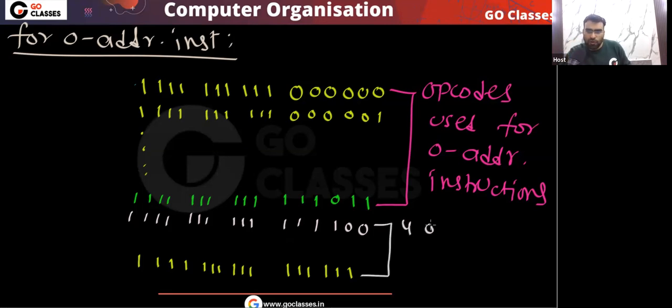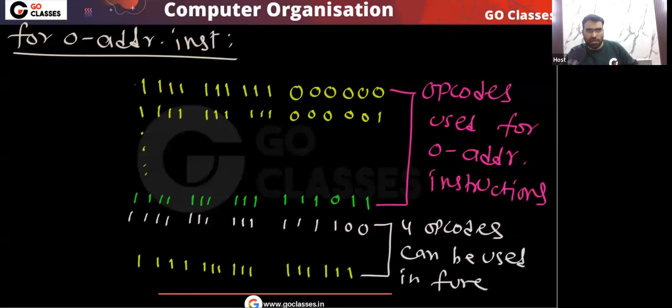What will happen for these 4 opcodes? These 4 opcodes can be used in the future. If you want more zero address instructions, then you can use these. Remember, they are unused.